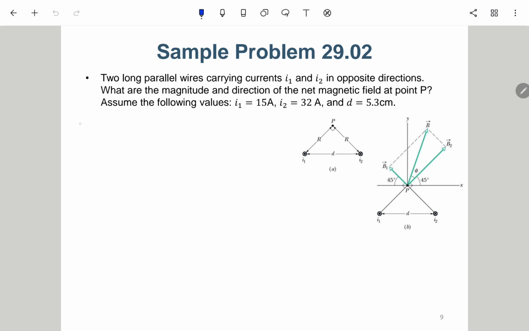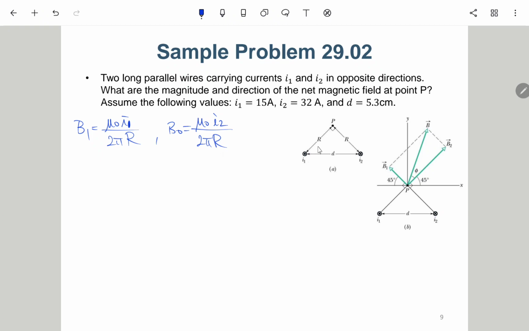Okay, so B1 is actually mu 0 I1 over 2 pi capital R. And then B2 is actually mu 0 I2 over 2 pi R. Okay, so just make use of the formula from before.